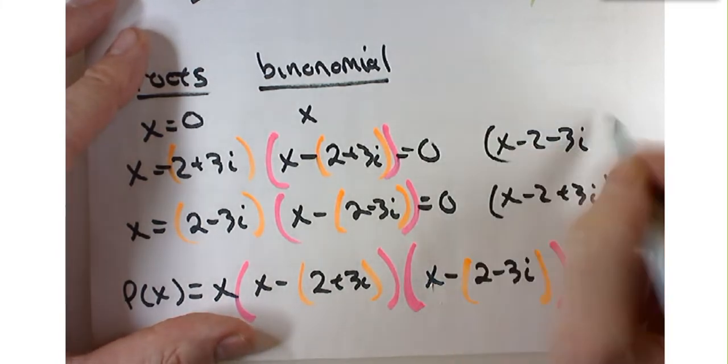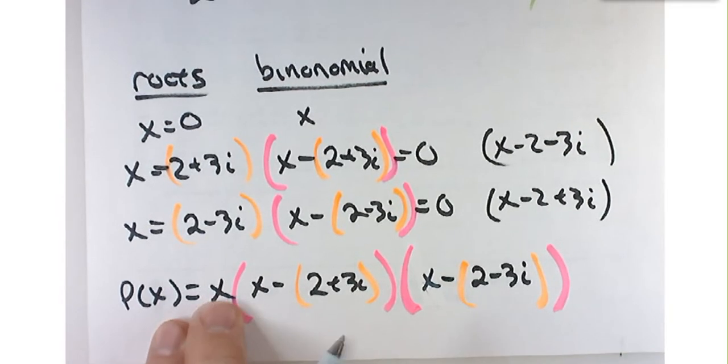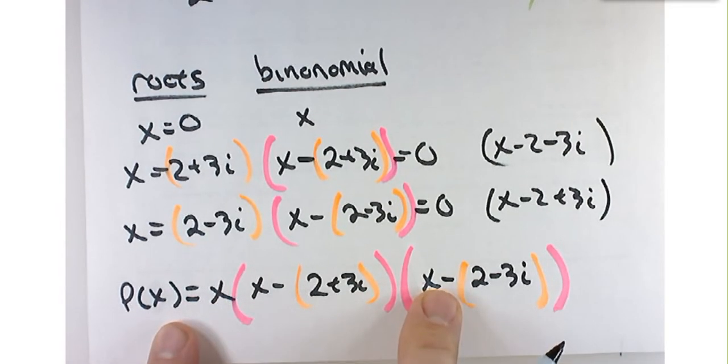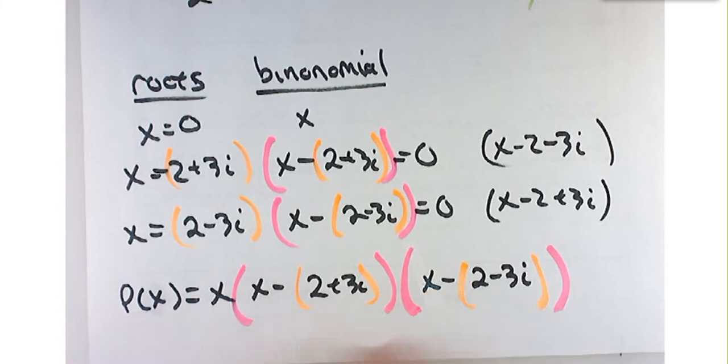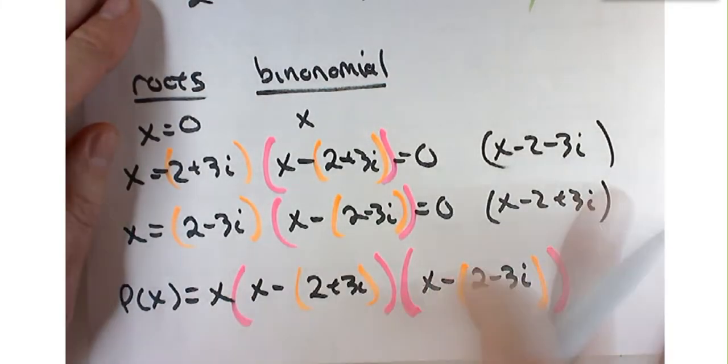And that would be your binomial. You could use either one of these here. But notice you've got an x times an x times an x. That's your cubic polynomial. All right? So this is the complete factorization of that polynomial. Whew, that's a little bit of a tricky one.